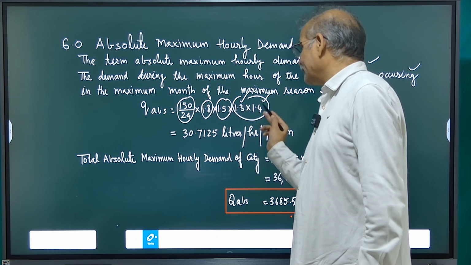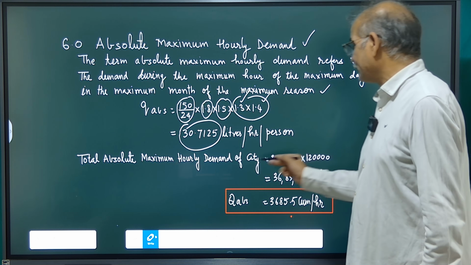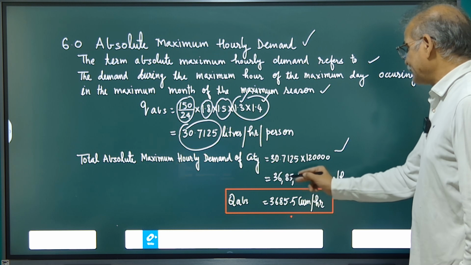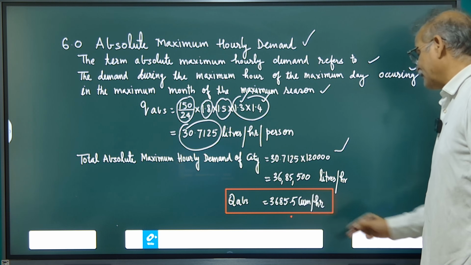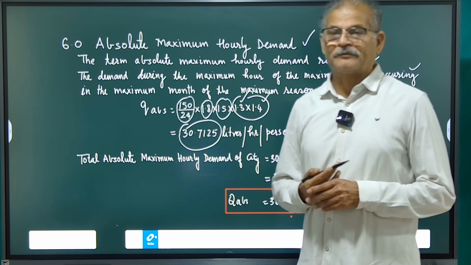So multiplying all this, we get 30.7125 liters per hour per person. For the population of 1,20,000, we multiply by this, we get 36 lakh 85,500 liters per hour, that is 3685.5 cubic meter per hour. With this, we have completed this problem statement.